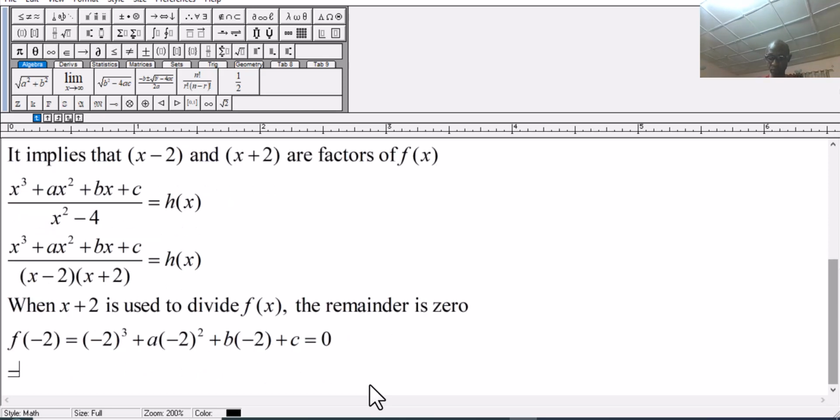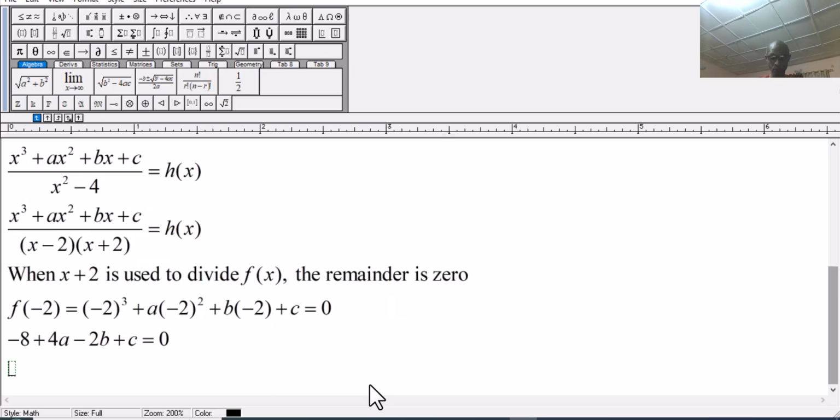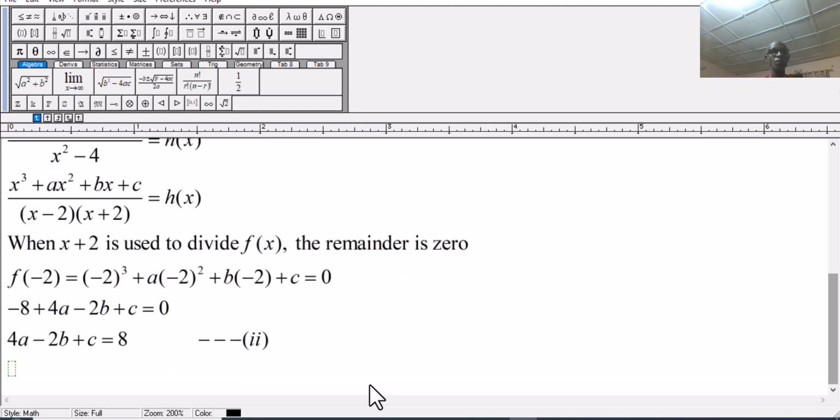So we have minus 8 plus 4a minus 2b plus c equals to 0. So what we have here, 4a minus 2b plus c is equals to 8. So let's term this equation 2.